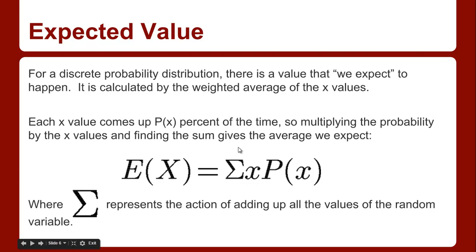This little sign here is called the summation sign. It's capital sigma. It's a Greek letter. It represents adding them all up. So let's see an example to help explain this. But basically what we're doing is for every outcome, so every input value that we have, like $2, $5, $20, we multiply by the probability and we add them all up.